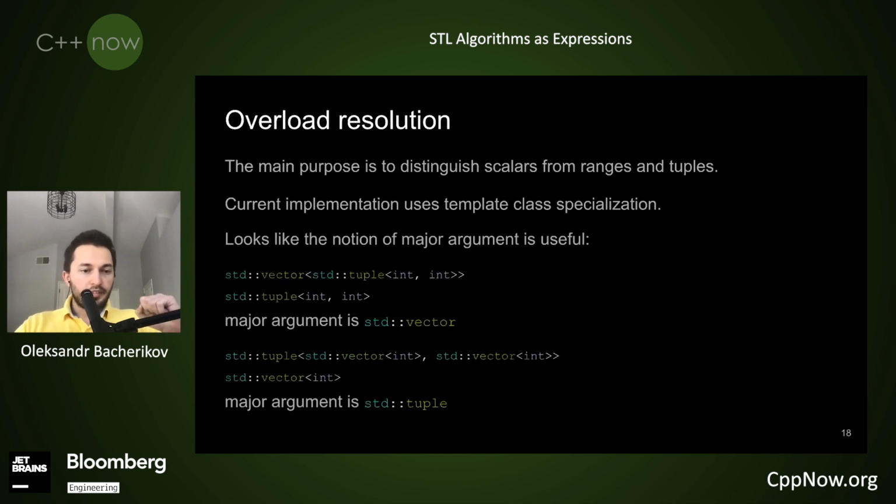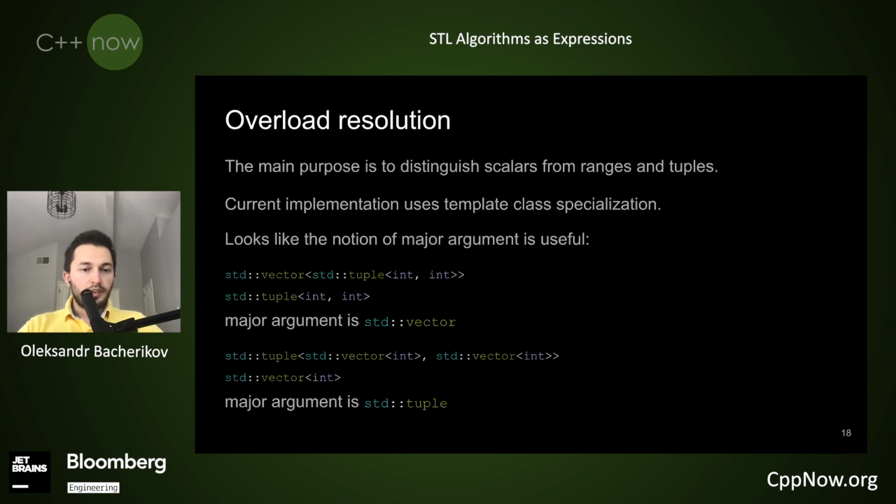One important thing I'd like to mention here is it looks like the notion of major argument is useful. What I mean by that, suppose we have arguments. First one is vector of tuple of ints, and the second is tuple of ints. Then obviously the major argument here is vector. And on the other side, if you have tuple of vectors and a vector, the major argument is the tuple.